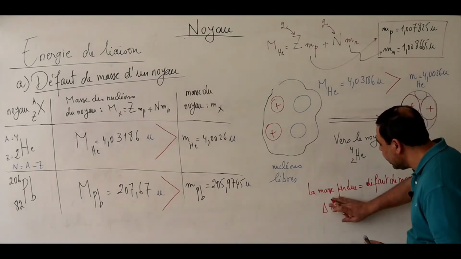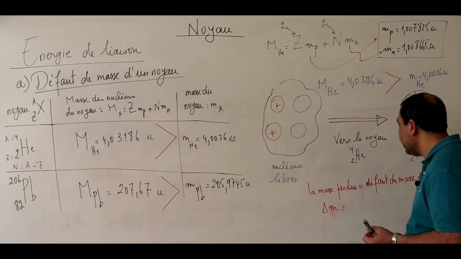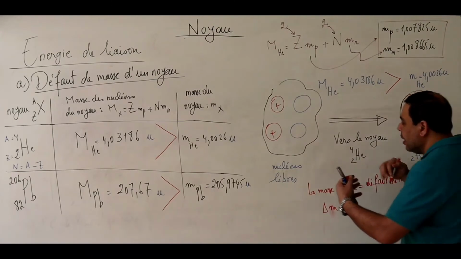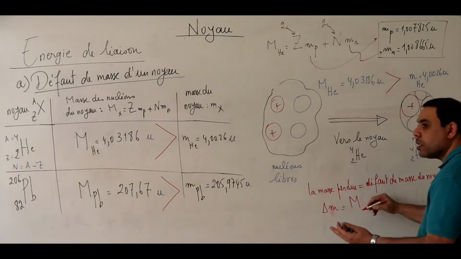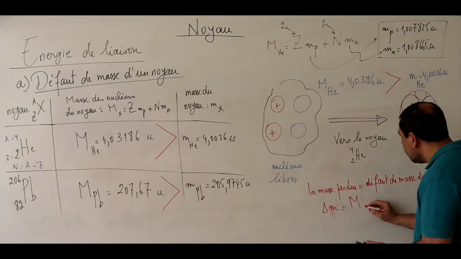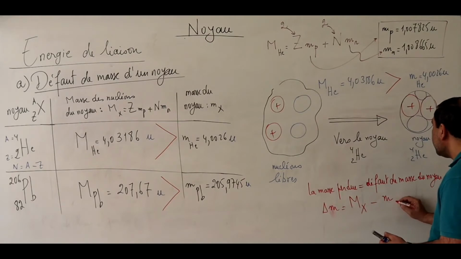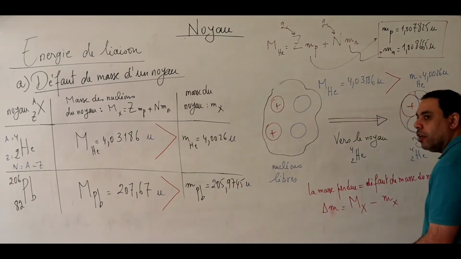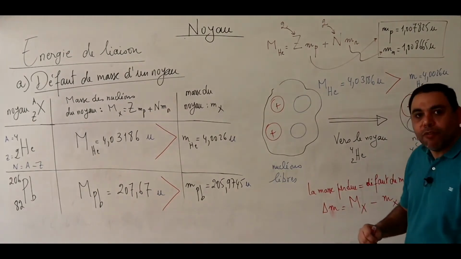Its symbol is delta M. It equals the mass of the nucleons in the free state, when they are not bound together, minus the mass of the nucleus as one entity after the binding of the nucleons.